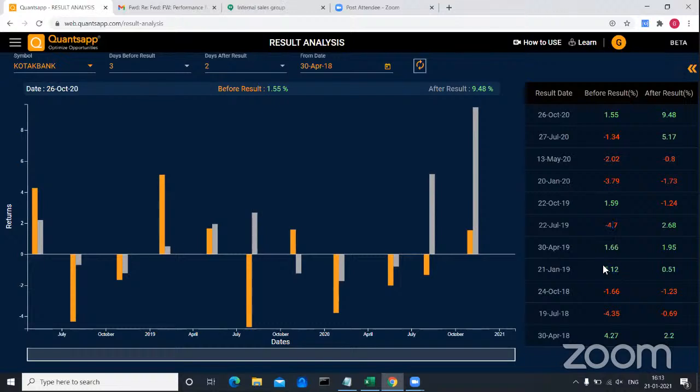So doing the analysis tells me that 2 or 3 days before the result there is a possibility, I can't say possibility, but it has happened previously, that the stock went 5% up and also 5% down. So this is how you can see how its performance was before the result and previously.